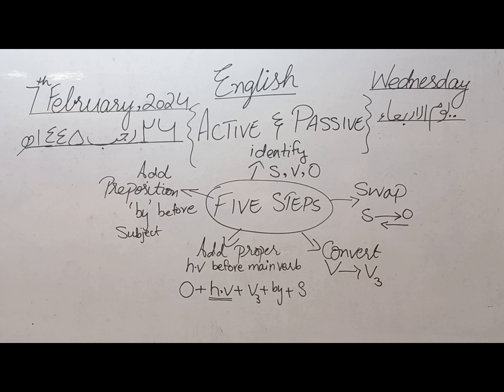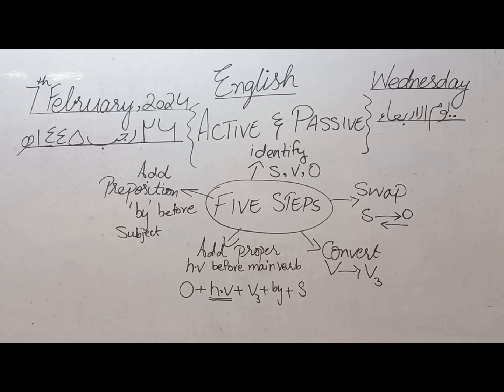First of all, you need to identify the verb, subject and object in a sentence. Then you need to swap the subject and object. Then the conversion of the verb: whatever verb is given in the sentence, you will change into the third form. There is no need to think about the second form, but you have to learn them. Once you learn them, you can easily convert the first form of the verb, or whatever form is given, and write just the third form. So for this you need to learn the forms of the verb.